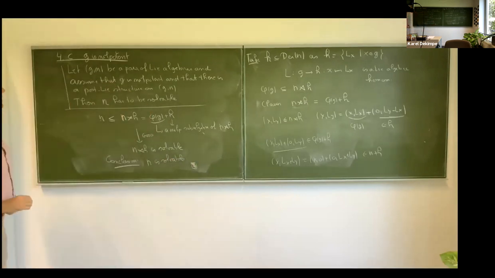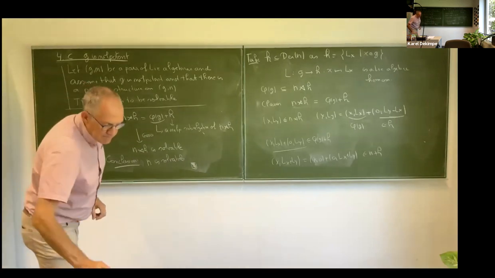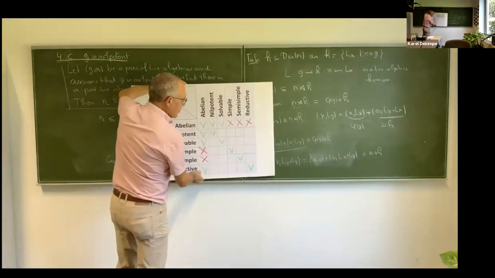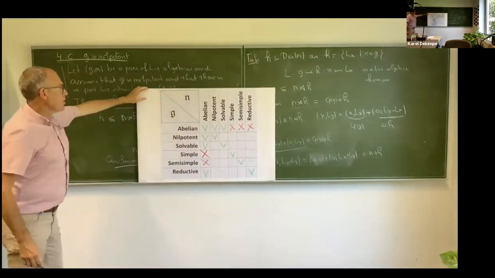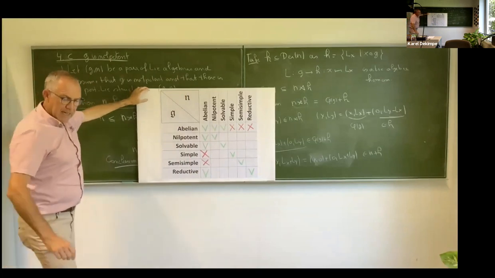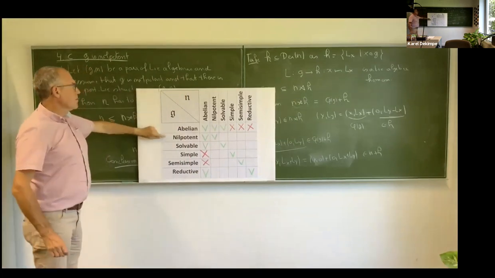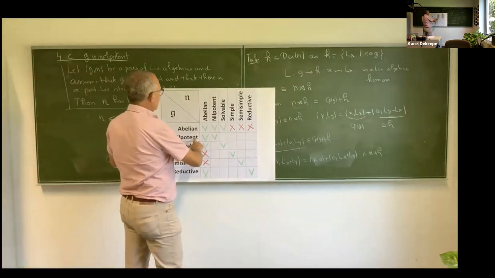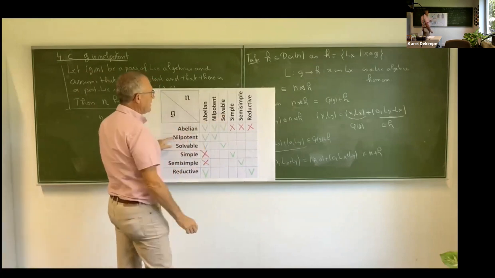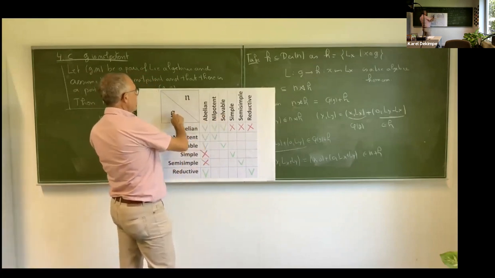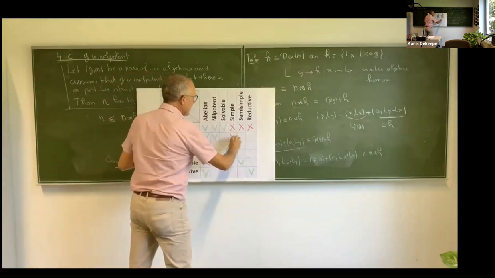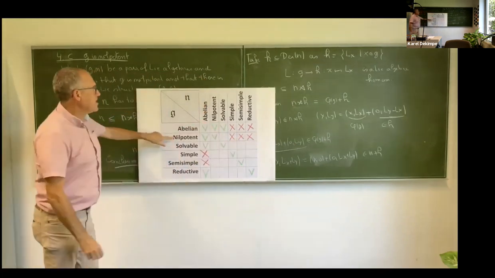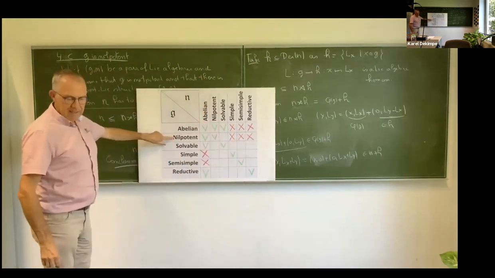And so this theorem now allows me to add some more crosses to this scheme, in the sense that if G is nilpotent, then n has to be solvable if I have a post Lie structure on the pair (G, n). So also in this case, the situation simple, semisimple, or reductive cannot occur.